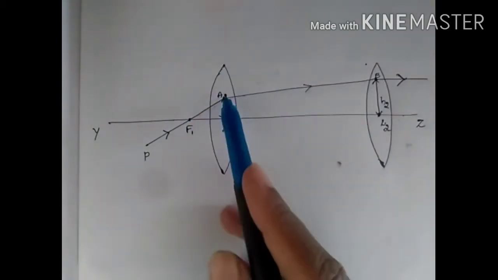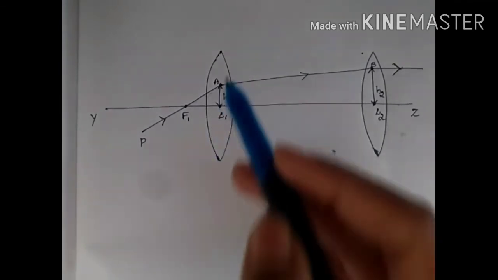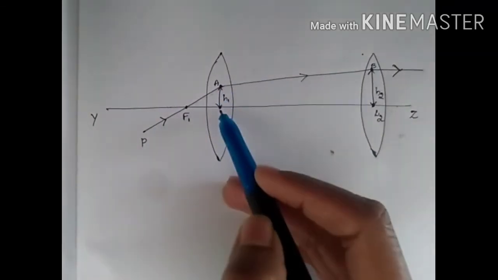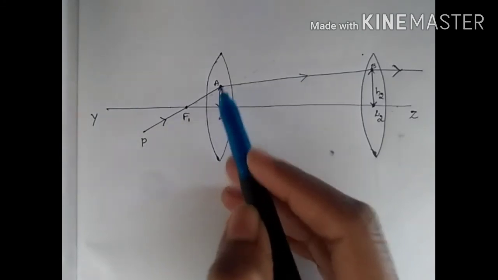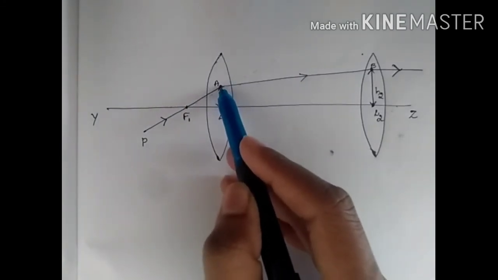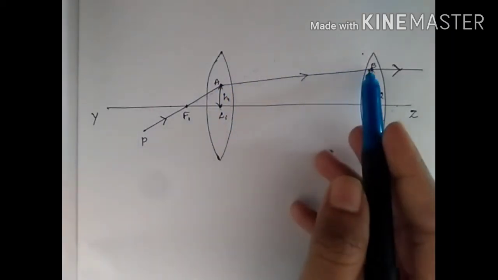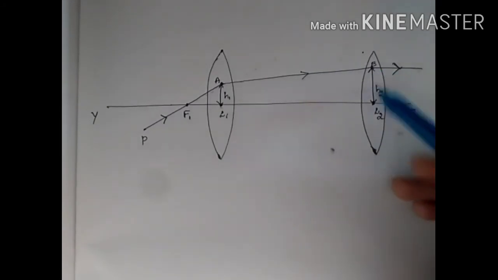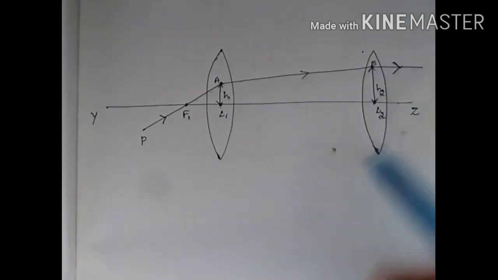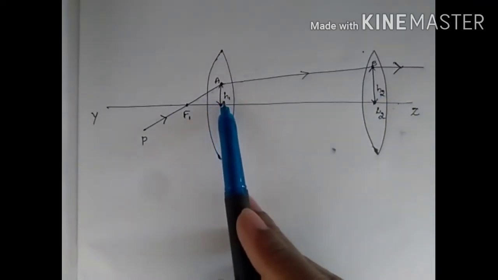PF1A is incident on the lens L1 at a height H1 from the center of the lens, gets refracted at point A and falls on the lens L2. This distance B to L2 is H2, and H2 is greater than H1.